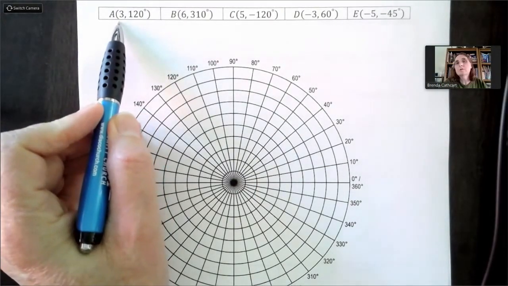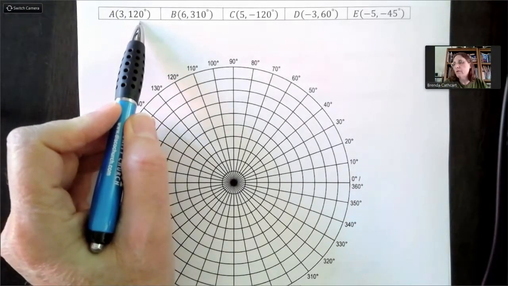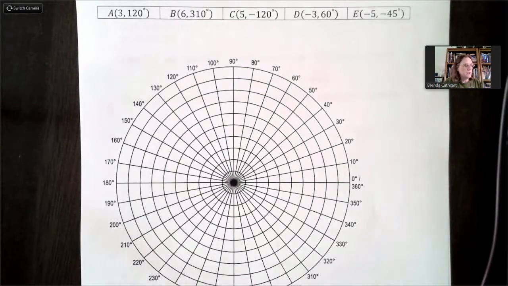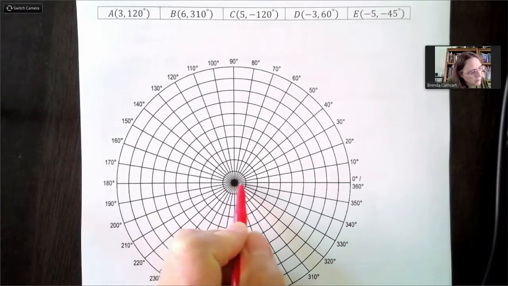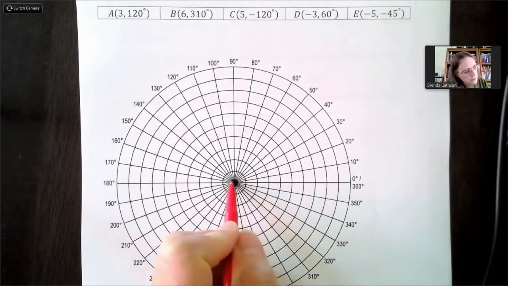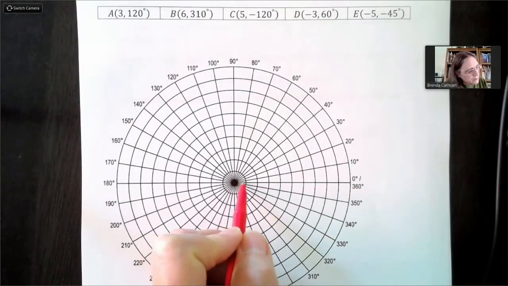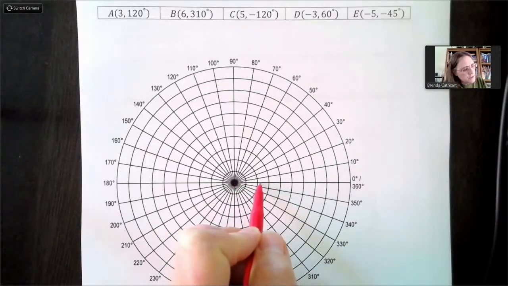The first coordinate is the radius. It has a radius of 3 and it's going to go at an angle of 120 degrees. So let's see how that works. Starting at the center at the origin, we move out along the positive x direction, that is horizontally to the right, 3 units. So 1, 2, 3. This is our starting side of our angle.